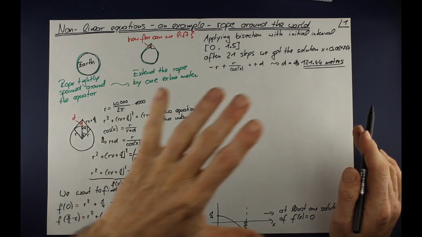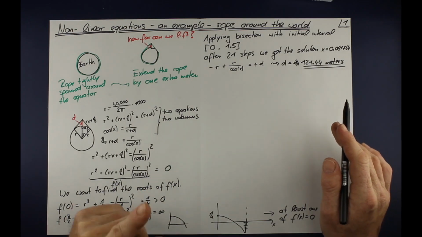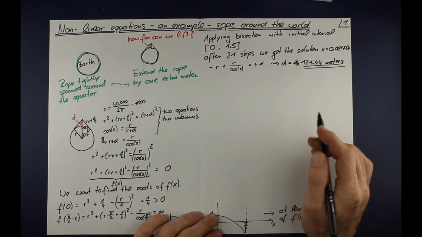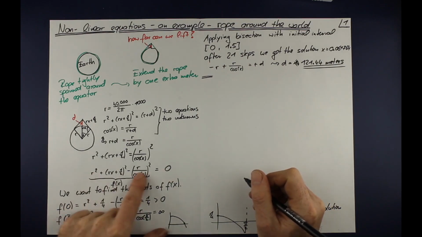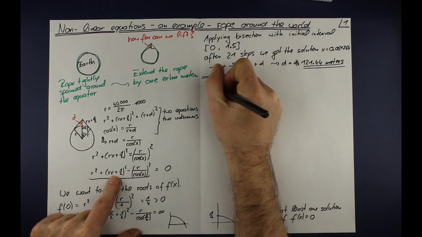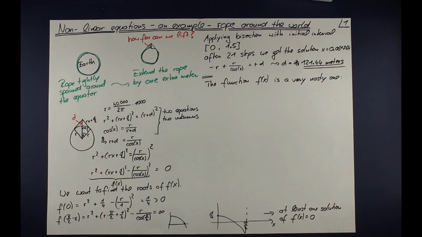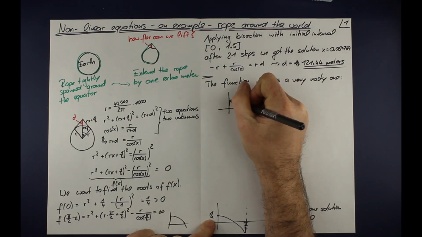So this is our example, but let's talk a little about the structure of this function. Okay, if you plot this function here, then you will see that it does not look like that, but it looks like that.